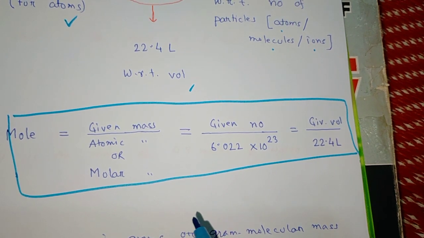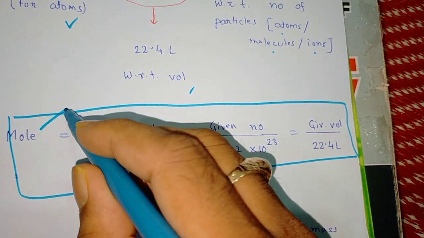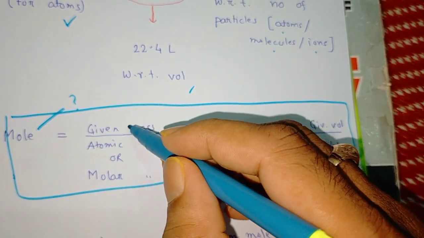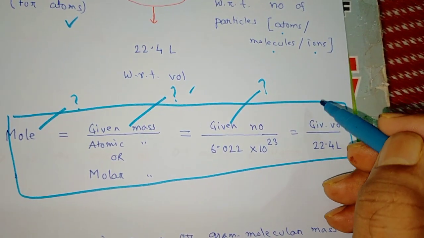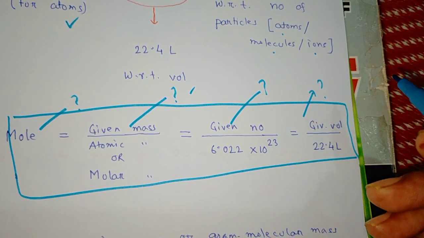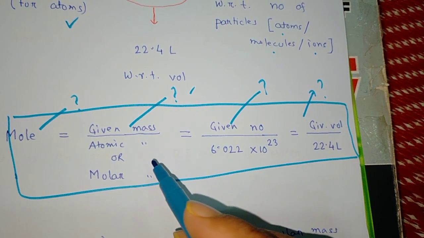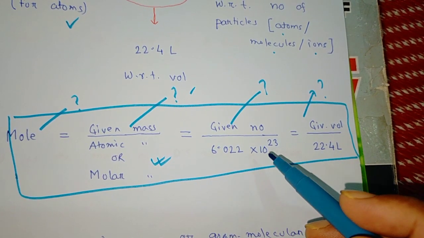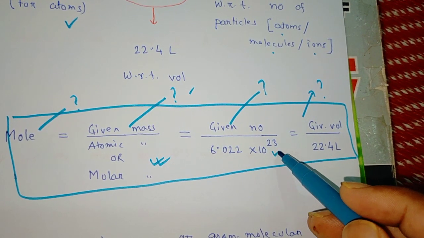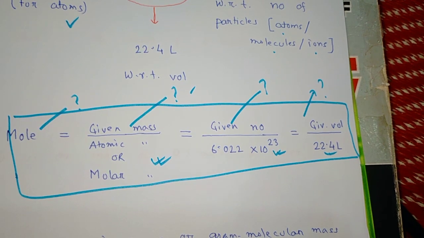Now interesting thing is there, in the question, you may ask what is the number of mole, you may ask what is the mass, you may ask what is the given number of particles, you may ask what is the volume. But denominator is already known to you. Atomic mass of oxygen is 16 known to you, and this is Avogadro's number also known to you, and 22.4 liter. This is another aspect that you require to read.